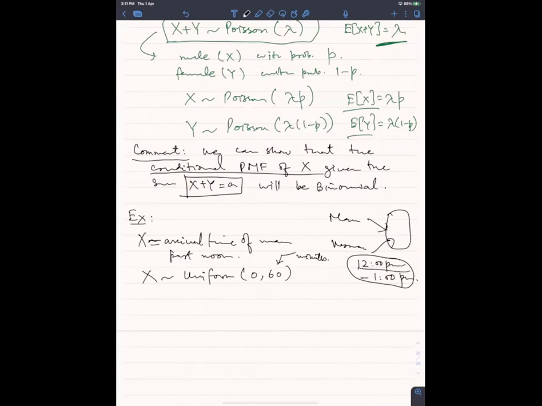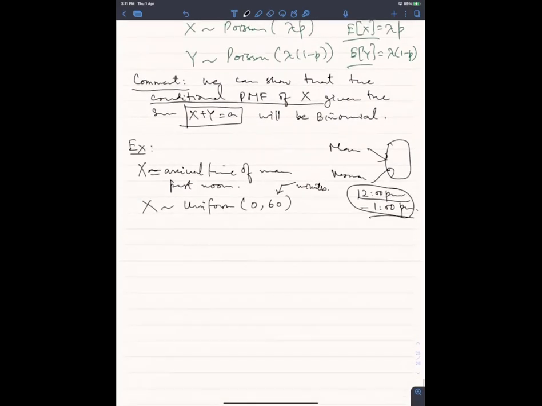So 12 बजे से लेके 1 बजे तक आ सकते हैं, we have 60 minutes there, and x is uniformly distributed between 0 and 60, and y is similarly the arrival time of woman past noon, noon के बाद 12 और 1 के बीच में. So y is also uniform 0 and 60.